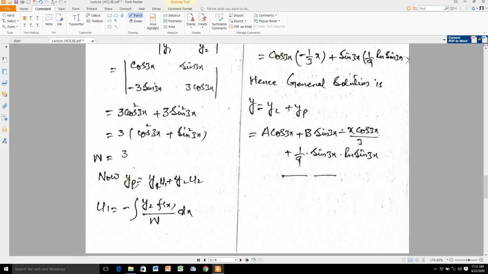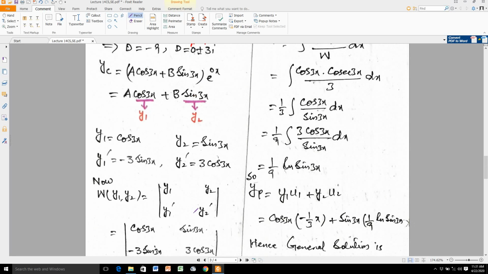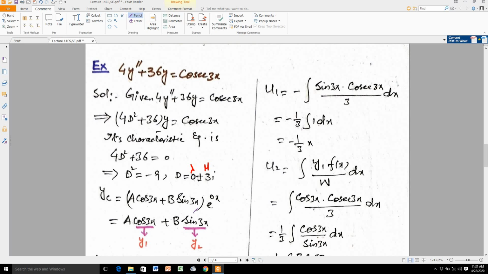Now we move towards the particular solution, that is yp is equal to y1 u1 plus y2 u2. Here u1 is equal to the integral of minus y2 f of x divided by Wronskian dx. So now we try to calculate u1. u1 is equal to minus sin 3x cosecant 3x divided by 3.